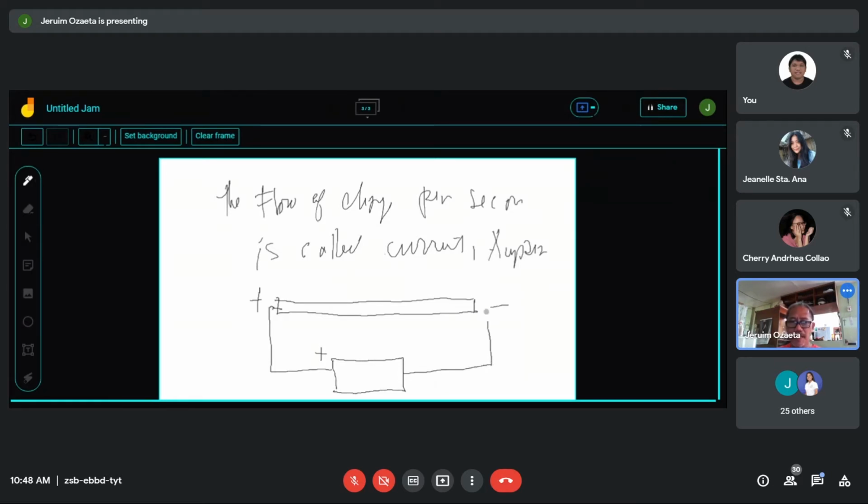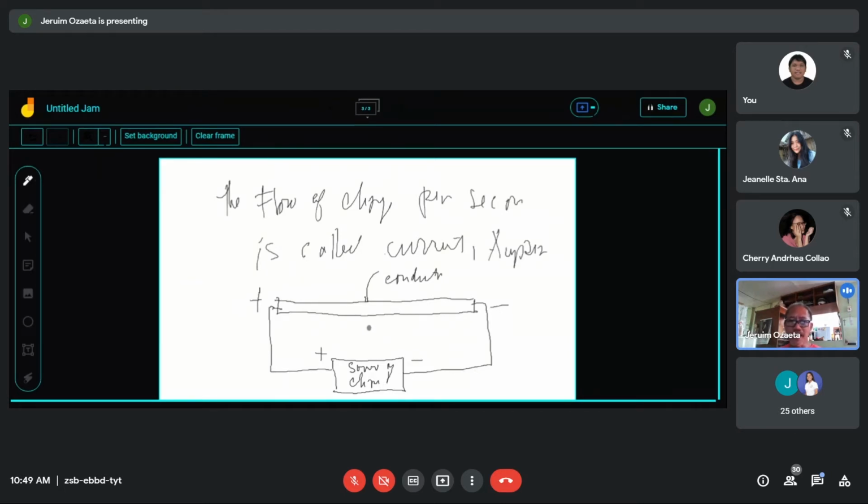Okay, source of charge, and this is the source. So the charge can flow from high potential to the low potential. Now this is your conductor. So the positive charge can flow now from the source through and then go back to the source.